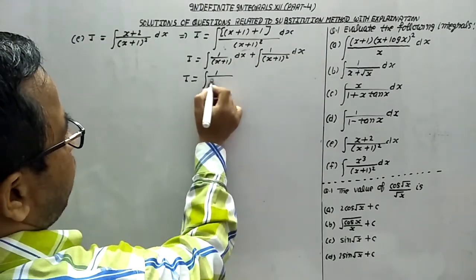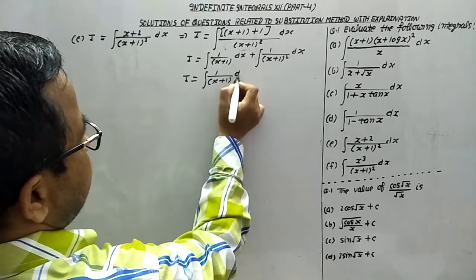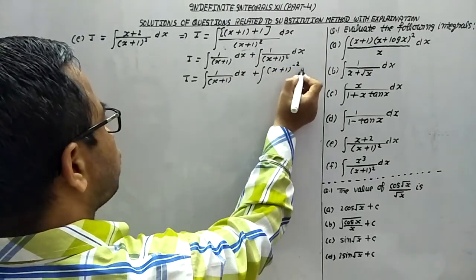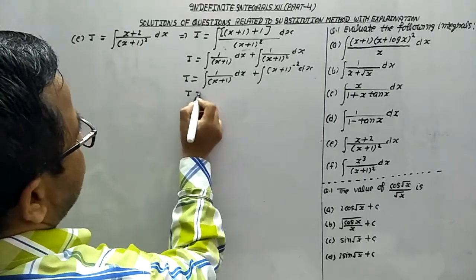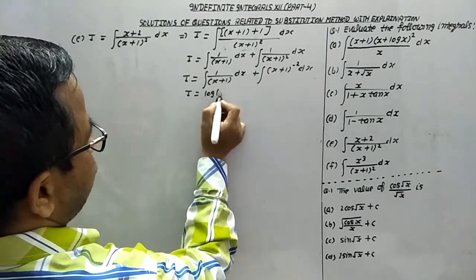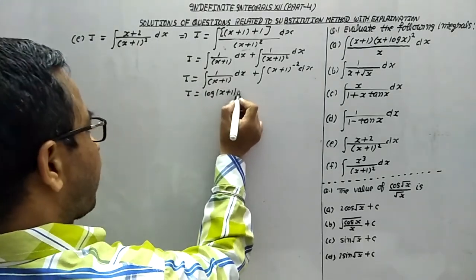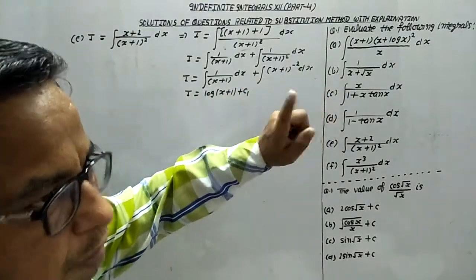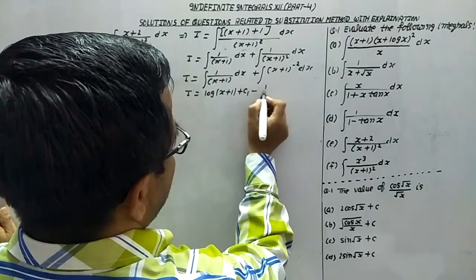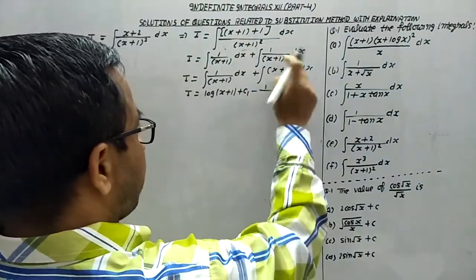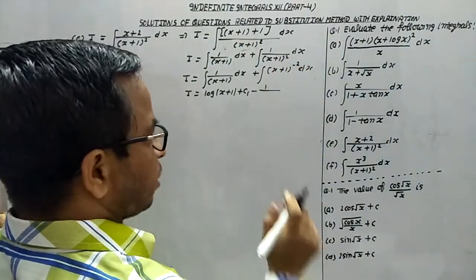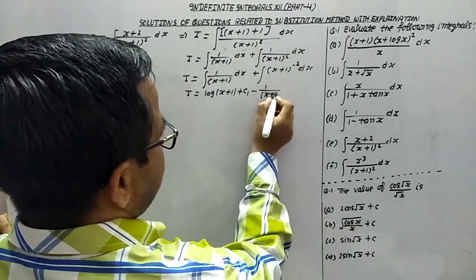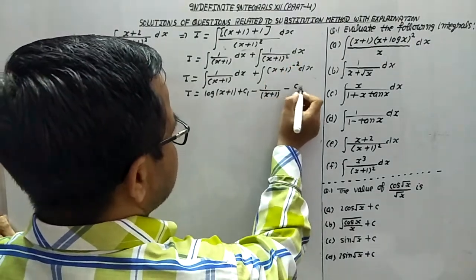The integration of 1 upon x plus 1 dx plus the integration of (x plus 1) to the power minus 2 dx. Now the integration of this is log of x plus 1, for this integration, considering I1, this is c1. Now this is minus 2 plus 1, it means minus 1, so this is 1 upon x plus 1, and this is minus c2.